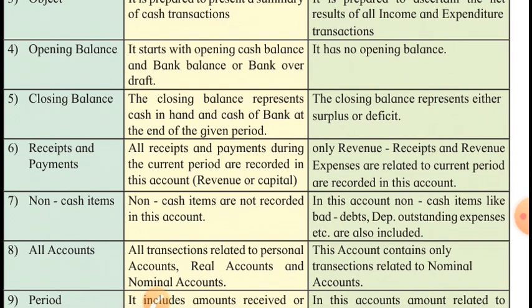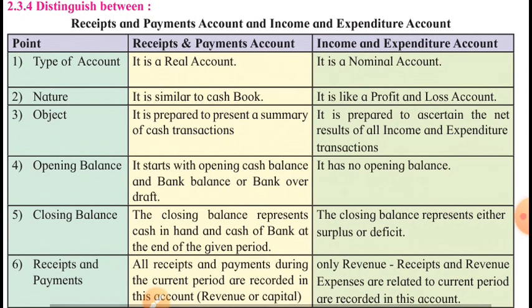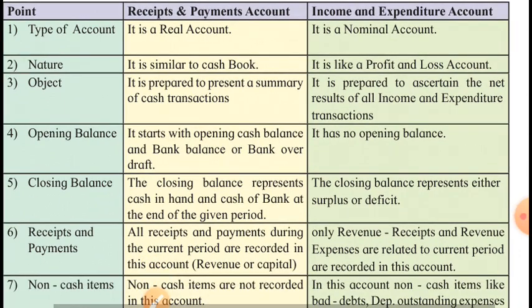Opening balance. Last year's closing cash balance is the current year's opening cash balance. That is why, if it is not the first year of the not for profit concern, then obviously the receipt and payment account will show the opening balance of cash as well as bank. But the income and expenditure account every year gets closed by transferring its balance to capital fund.